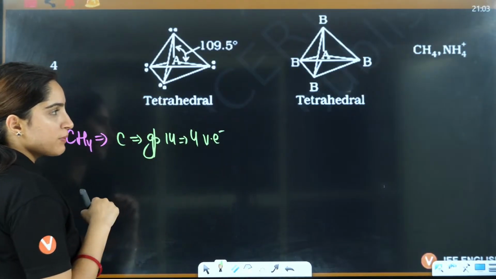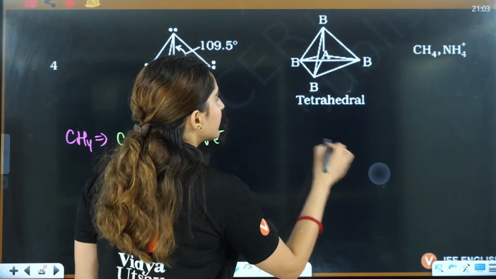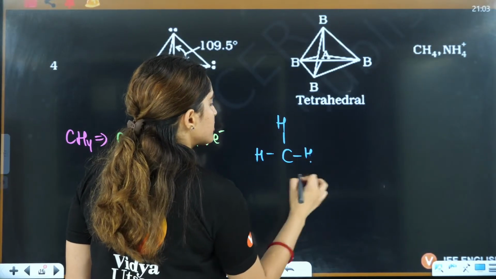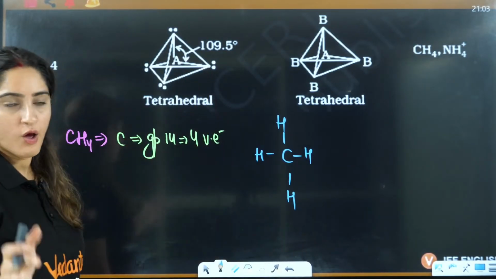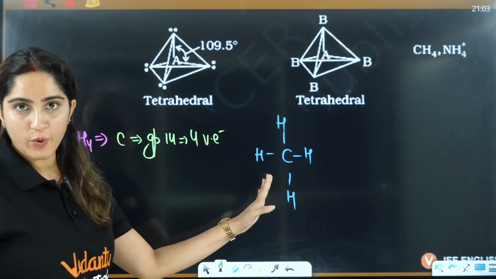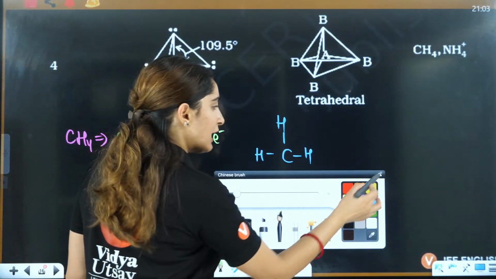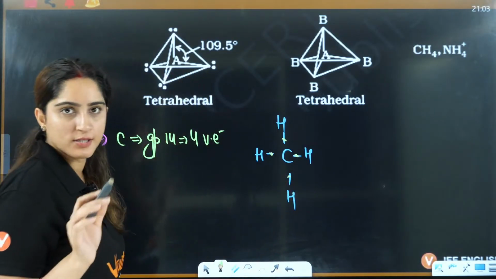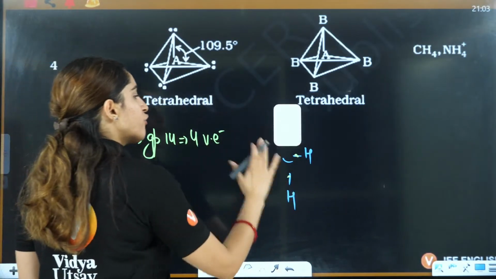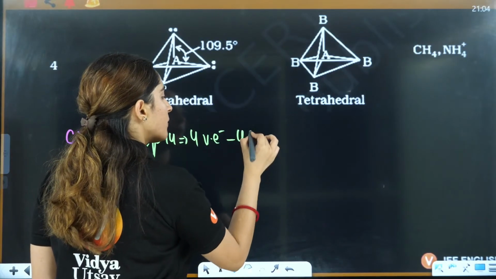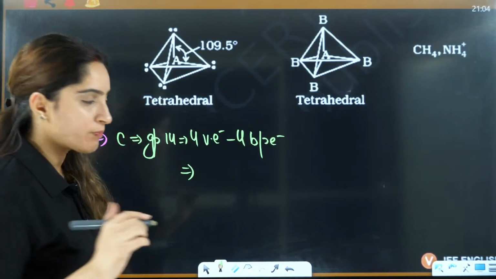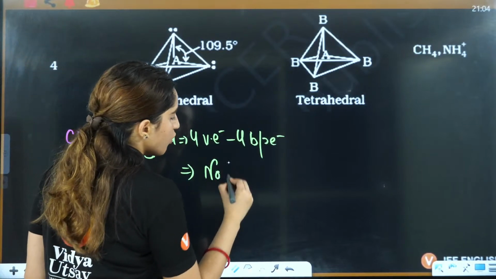And if you draw here, it is CH4, that means it is going to be H, right? 4 valence electrons you had here, and all 4 electrons are busy in making the bonds. That means 4 minus 4 bond pair electrons, all of them are busy in making bond pairs. So that means there will be no lone pair.